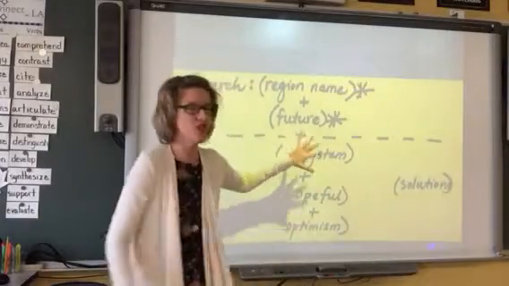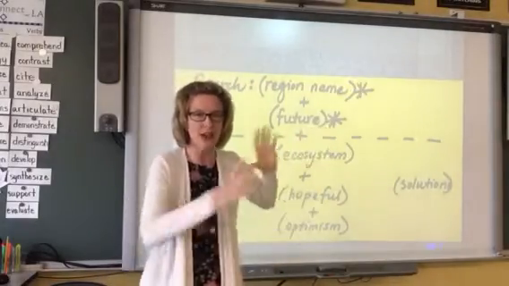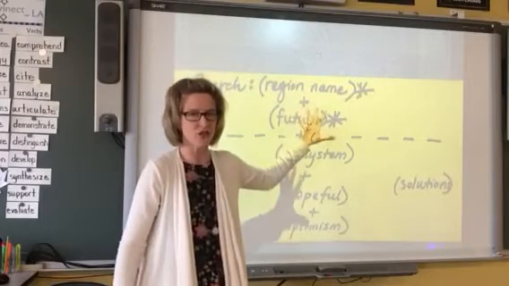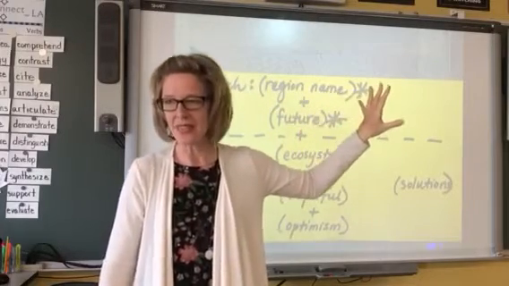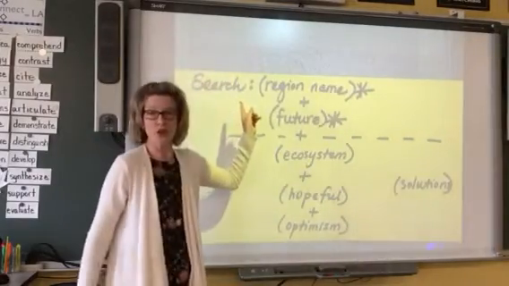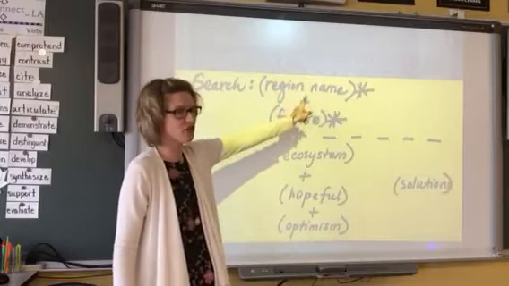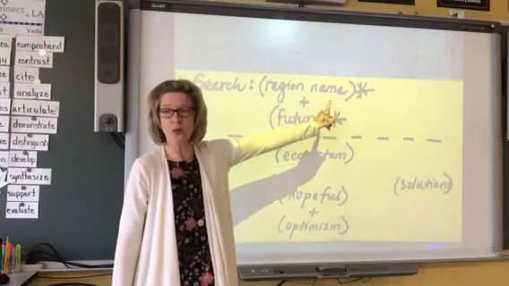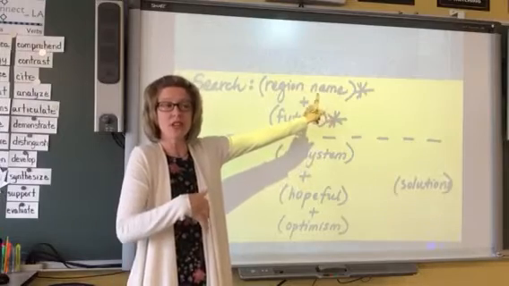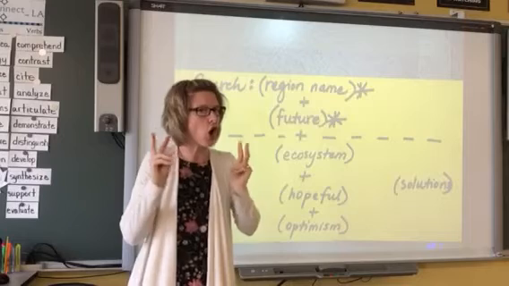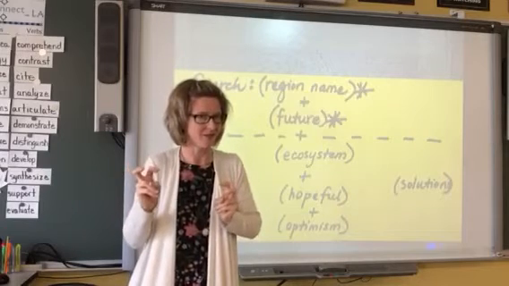So what I want you to do on page 13 or 14, find a space around the edges and write some of this information down about how to search. We're going to add this to the page. So go ahead, write this down. When you go to search, of course you have to put your region name in there. If you're doing the Coral Triangle, that's the only region where you might want to include a country name, because the Coral Triangle is not always called the Coral Triangle.